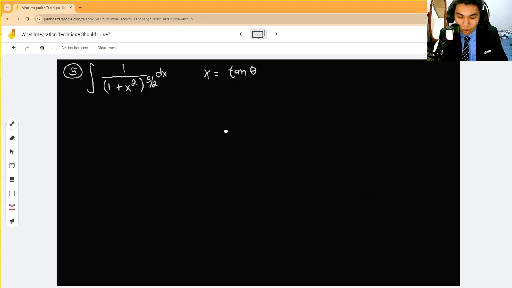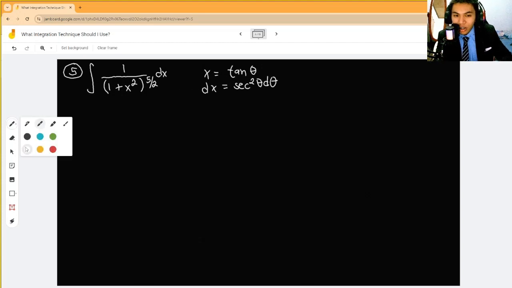And the derivative, dx, is secant squared theta d theta. Okay, and actually look here, this is going to be pretty nice.